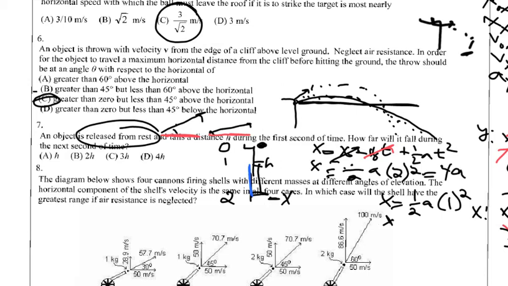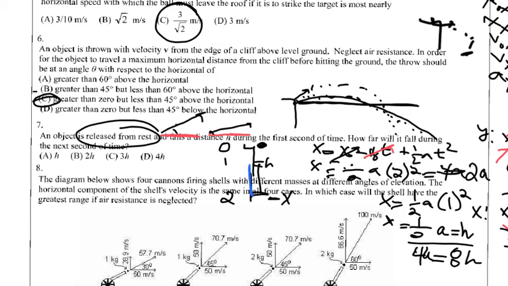Since 1/2 a is equal to h, just by the definition of the problem, we know that 2a has to be equal to 4h.